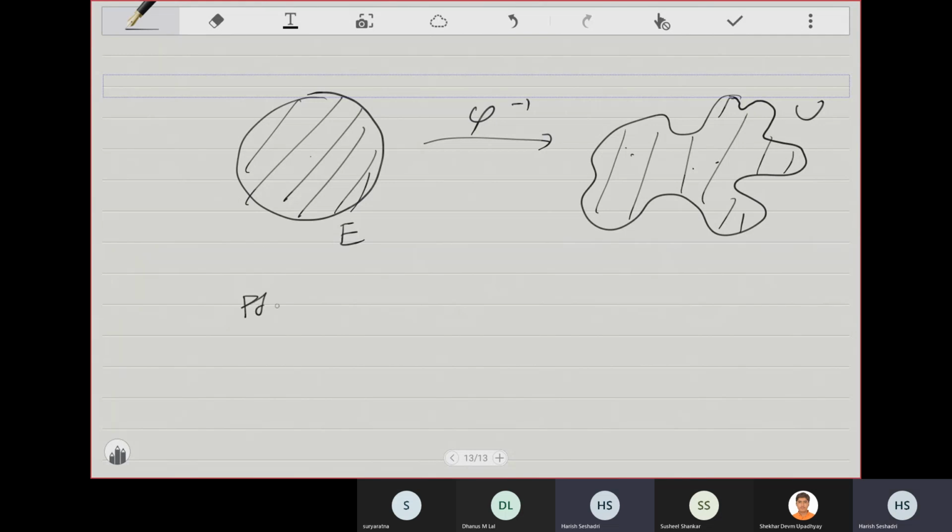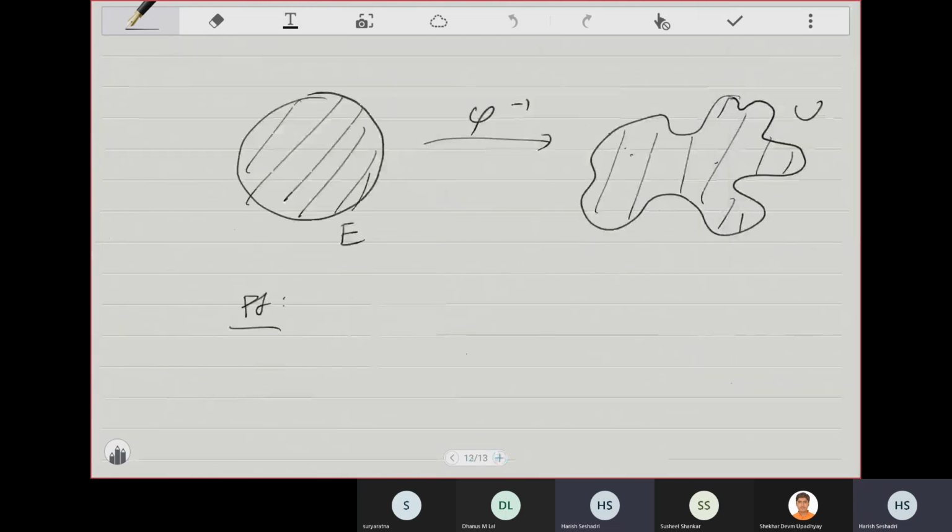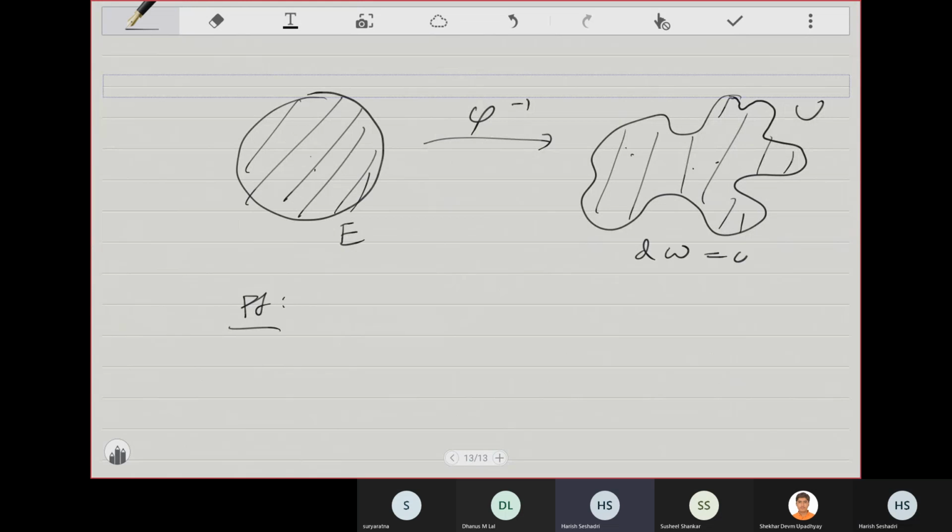Now, the proof of this corollary is easy, because basically you just translate every statement to E. So you start with a form here, omega, let's say d omega is 0. So this is phi. Now I want to use information about E. So what do I do? Any suggestions? Pull back, obviously.